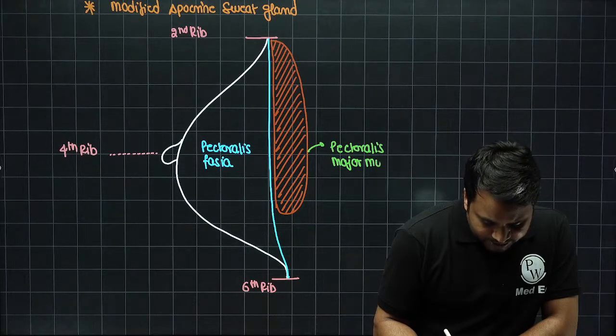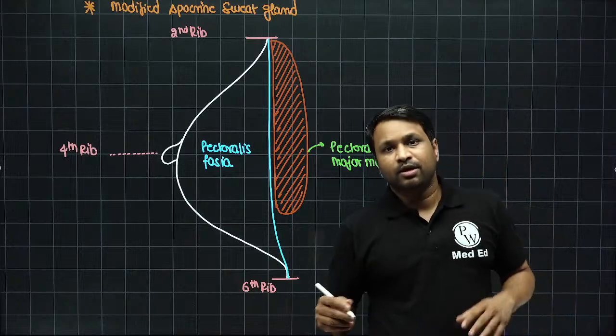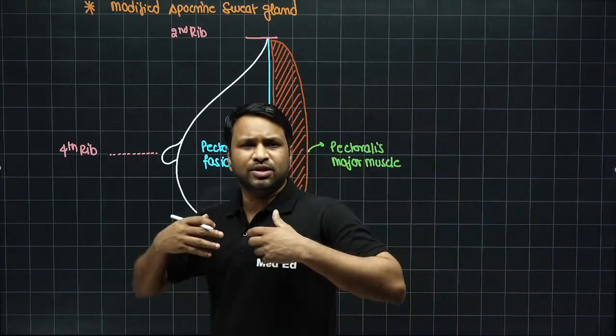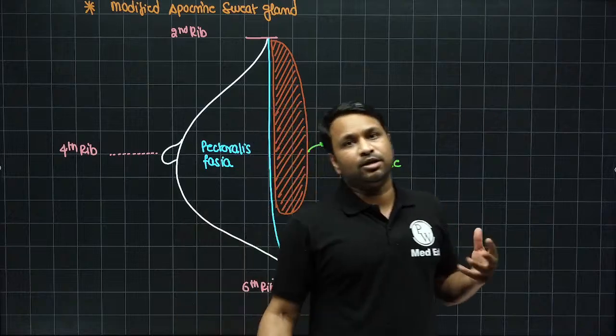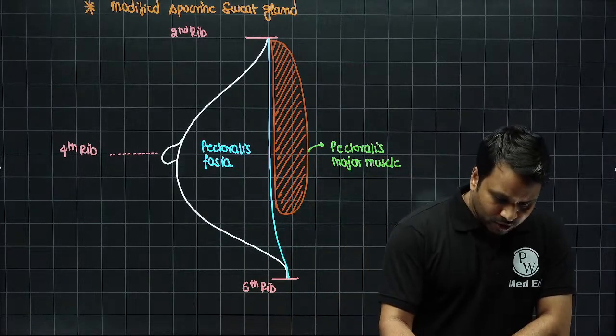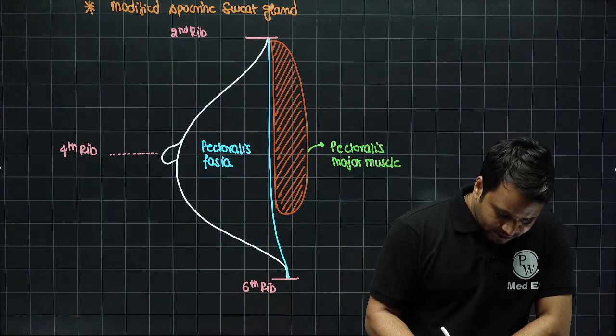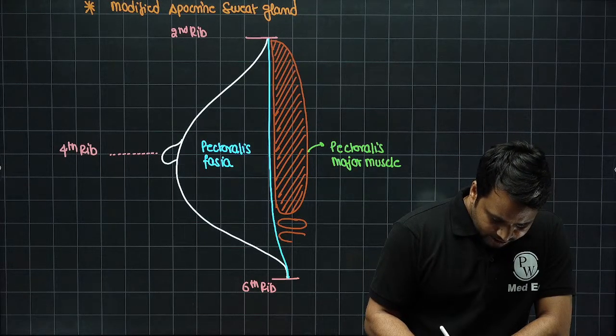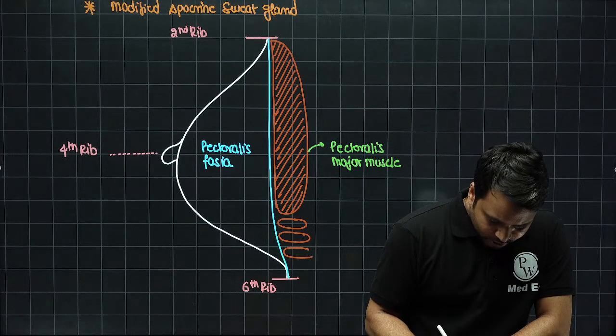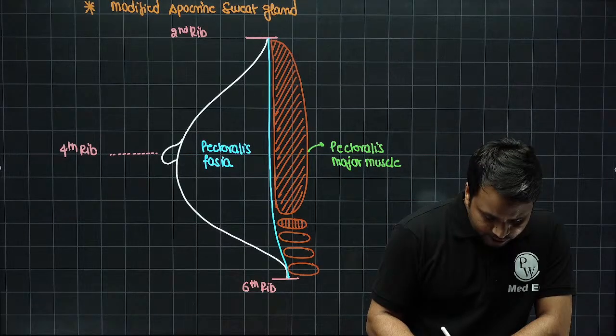So when we say the breast is going to rest upon two muscles, by impulse it just comes out that you say it is the pectoralis major and the pectoralis minor muscle. It is not. The lower part of the breast which you can see here is supported by another set of muscles, which we call the serratus anterior group of muscle.